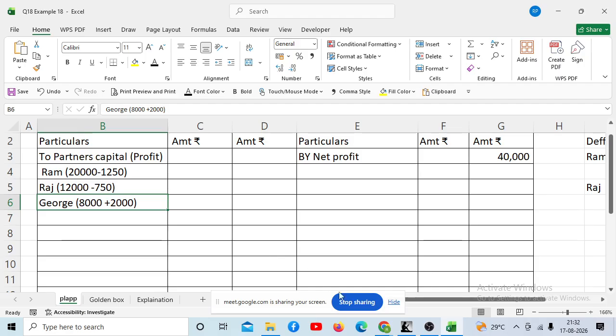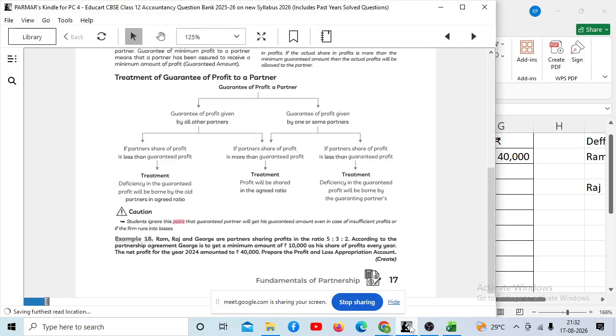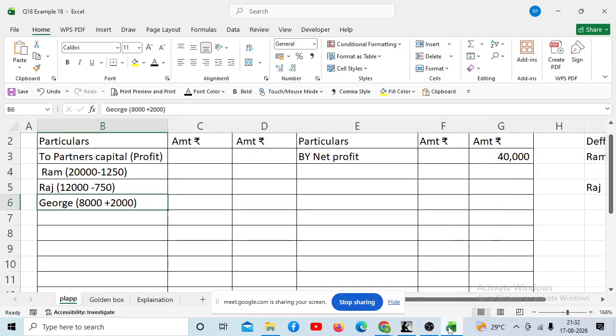Yes. Okay, now see, how much guarantee we had given to George? 10,000. Am I right? So what is the shortage now? The shortage is of 2,000. So for George, we will write here plus 2,000.